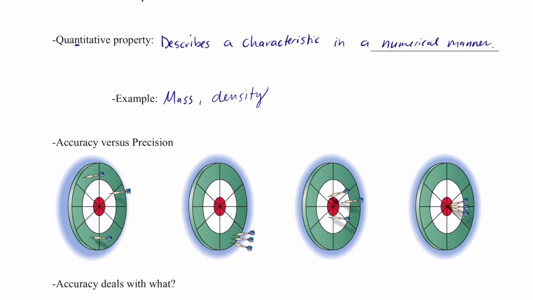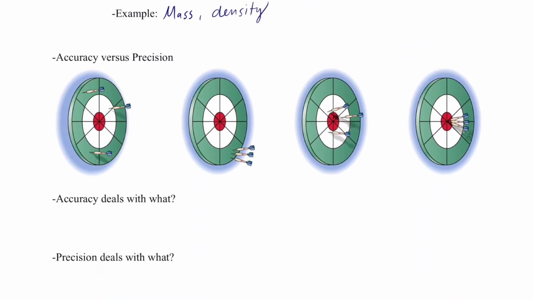Now, accuracy versus precision. So accuracy is going to deal with how close you are to the correct value. And it could be the correct or the accepted value, because sometimes we might not know the correct value exactly, but there's an accepted value.